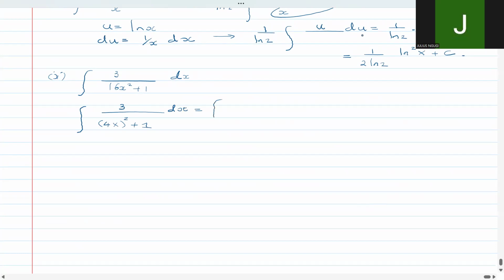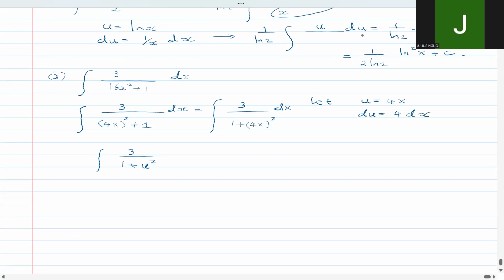And this, if you were to rewrite in the form of 3 over 1 plus 4x squared, and then we let u be equal to 4x, then this function will become 3 over 1 plus u squared. And if u is 4x, then the derivative of u will be equal to 4.